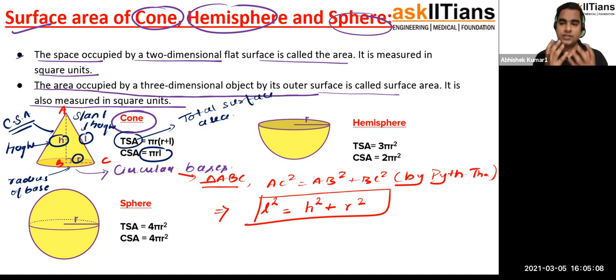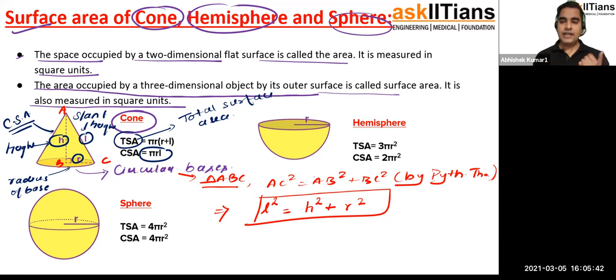And how is this relation beneficial? This relation is very beneficial in case you are provided any two values. For example, they give you the value of R, the radius of the base, and the height H, and they ask you to find out the curved surface area. As far as the curved surface area of this cone is concerned, you need the value of slant height, represented by L. So you can easily find slant height by using this relation, that L square will be equal to H square plus R square.